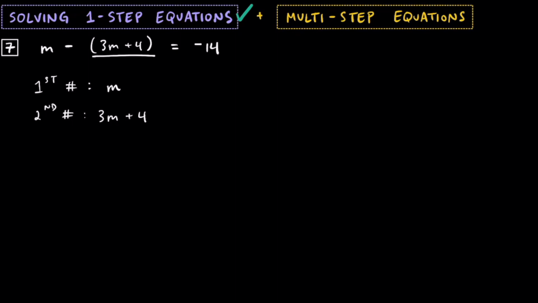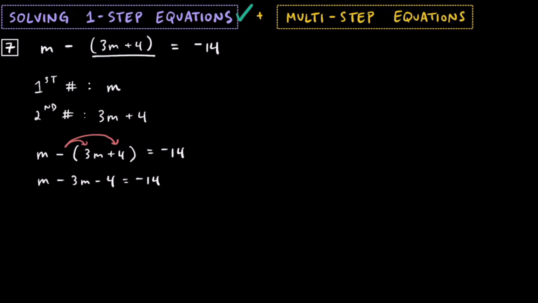So let's say we have m minus the quantity of 3m plus 4. That's the second number. That's equal to negative 14. If we distribute this negative 1 that's invisibly in front of the parentheses, that's going to be m minus 3m minus 4 is equal to negative 14.